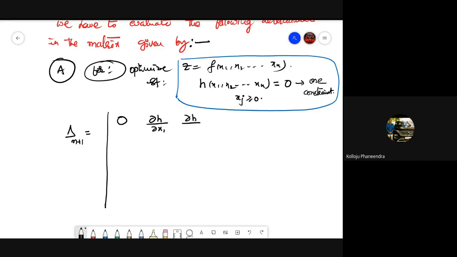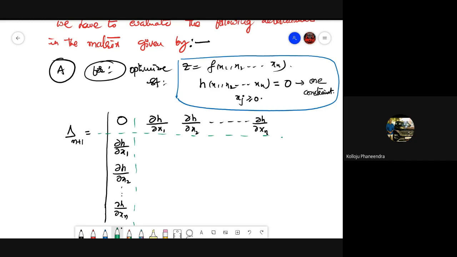Write its first order partial derivatives with respect to the n variables in the first row. Same expressions in the first column: dou h by dou x1, dou h by dou x2, and so on, dou h by dou xn. This is the first row and first column.